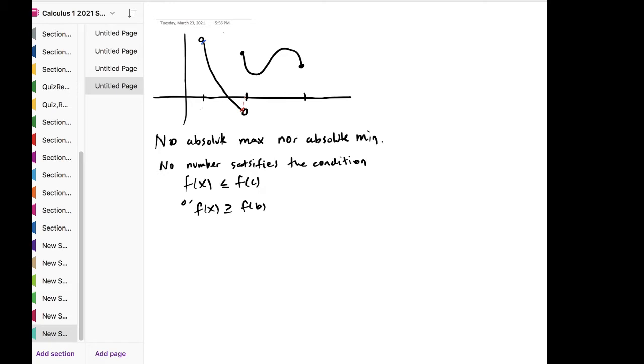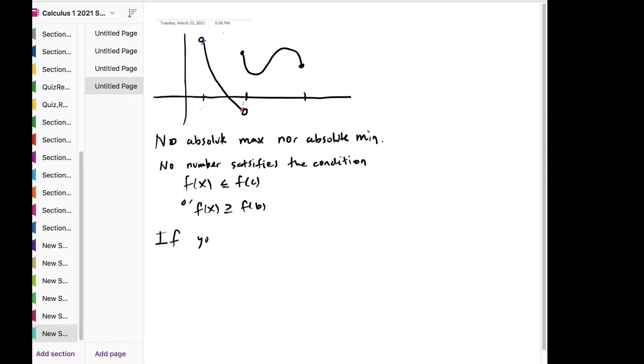So absolute mins and absolute maxes do not need to exist, and you usually see that with holes or sometimes asymptotes. So just be aware of that, even though there might be a value that looks like there should be an absolute minimum or absolute maximum.